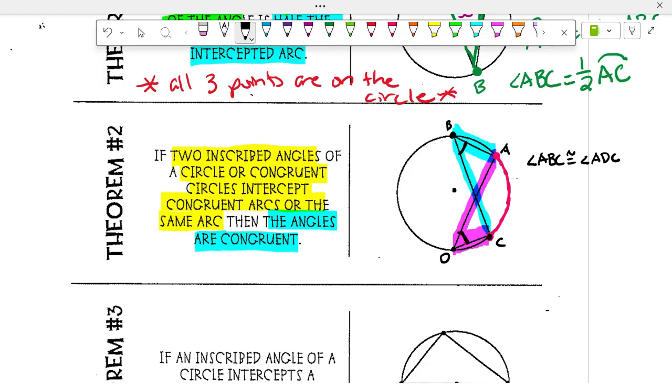And since they share arc AC, that means that they are both half of that arc. So AC would be equal to twice ABC or twice ADC.